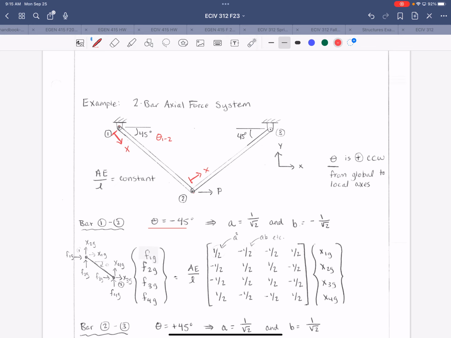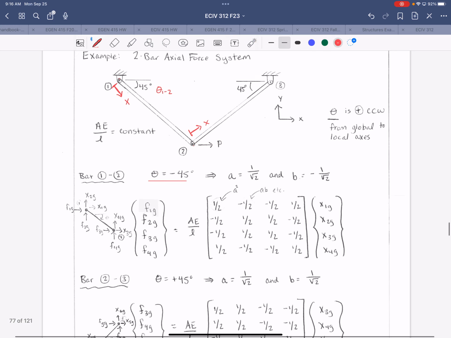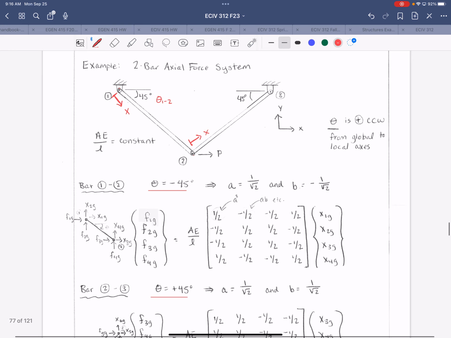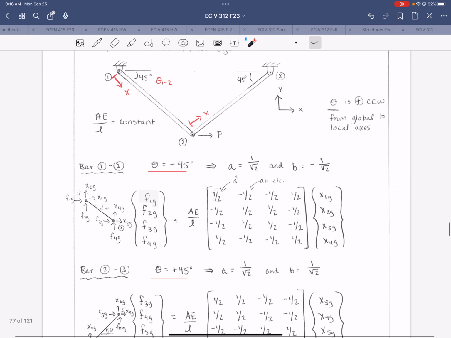And theta 23 is measured from global x to local x, so that's going to be positive 45. So for element 1, 2, A and B will both have a magnitude of 1 over the square root of 2, but B is going to be negative.